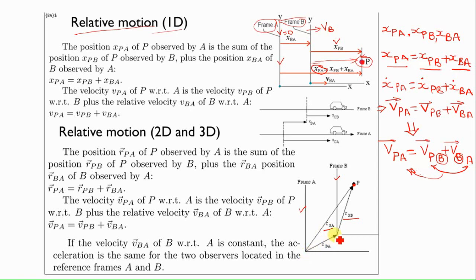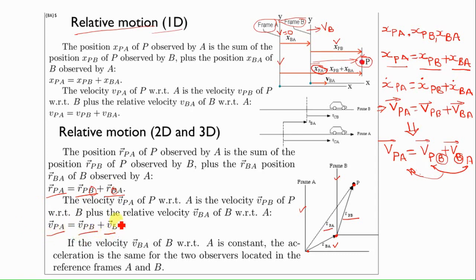And this is the position vector of B with respect to A, so this is RBA. So this can be summarized into this form: RPA is equal to RPB plus RBA, where B is common in both the cases. Likewise, it can be differentiated, and this is the velocity of P with respect to A is equal to this.